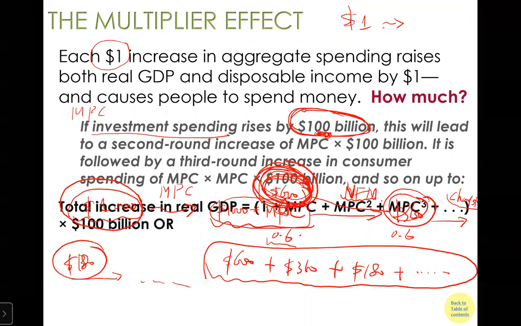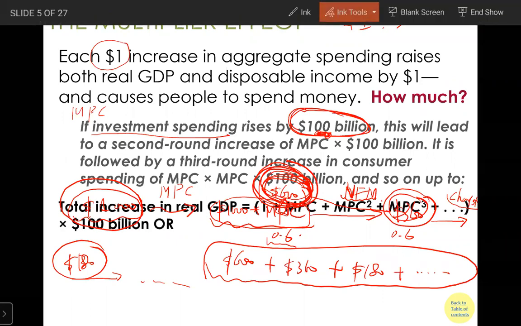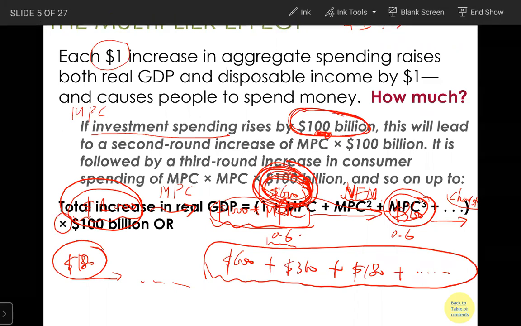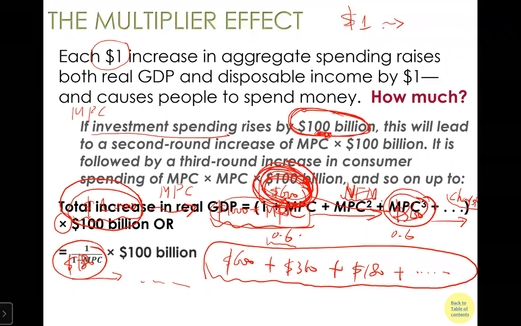To summarize, the total spending is going to be 1 plus MPC plus MPC squared plus MPC cubed, and so on and so forth, times the original spending. And that's going to give us the total impact of the initial spending.